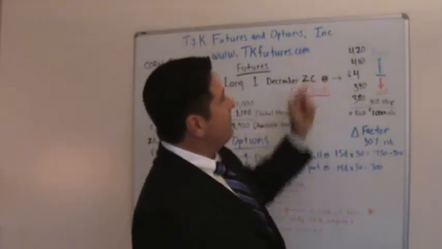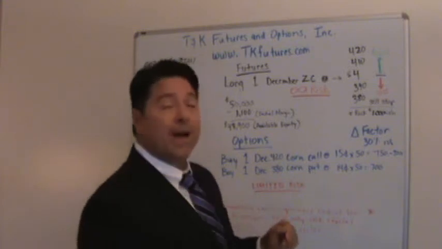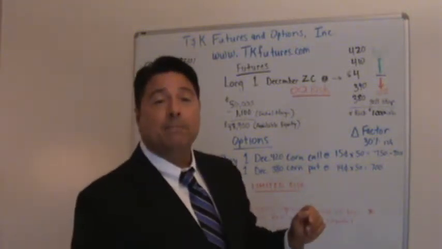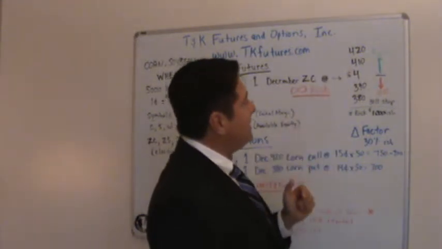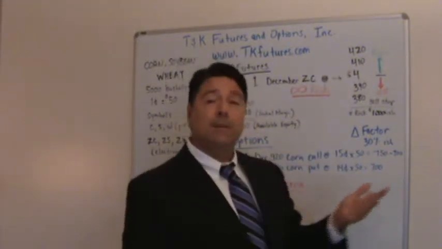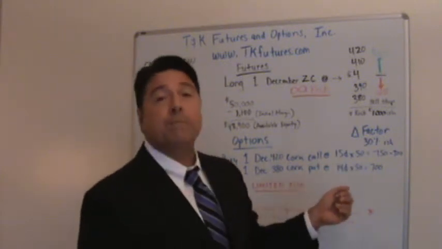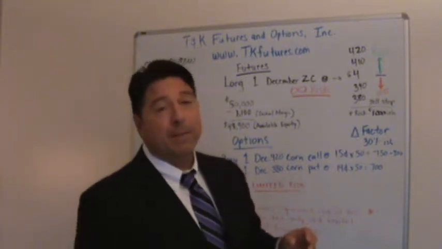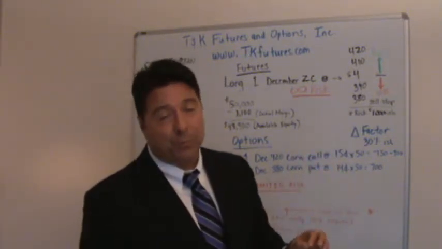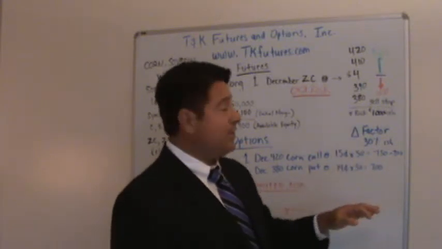So, if it moved up 20, good day, your option probably accrued in value by roughly $300. If you were at $4 and the market came down 20 cents, well, in all likelihood, your option probably lost about $300. Might be more, might be less, but right around $300 is how that option should have changed.